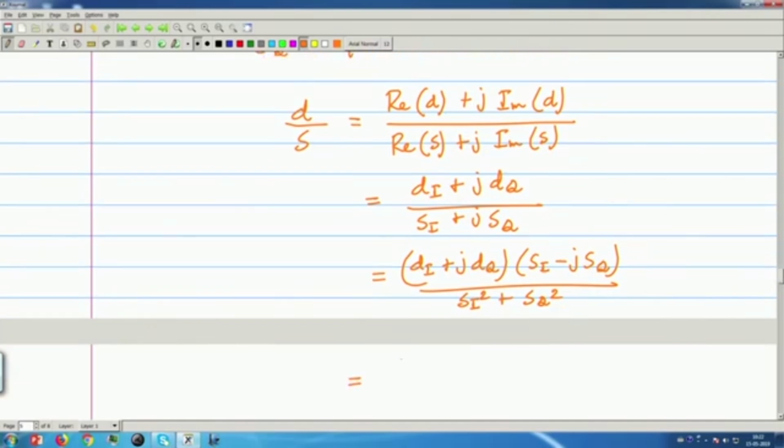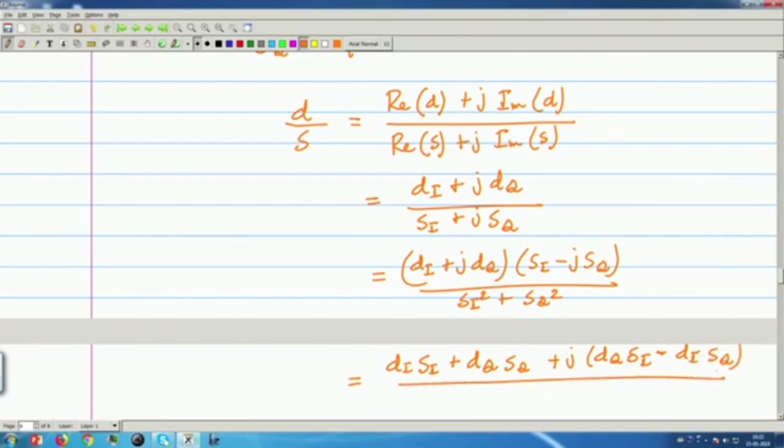So, this will be DI SI plus DQ SQ, plus j (DQ SI minus DI SQ), divided by SI square plus SQ square.